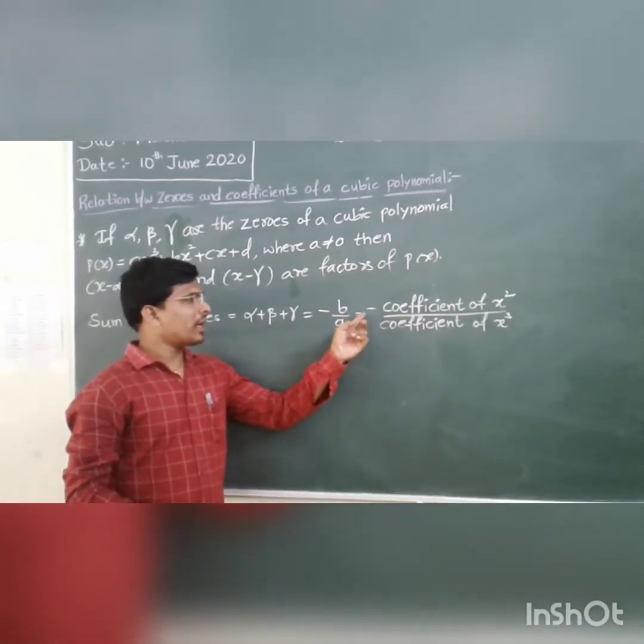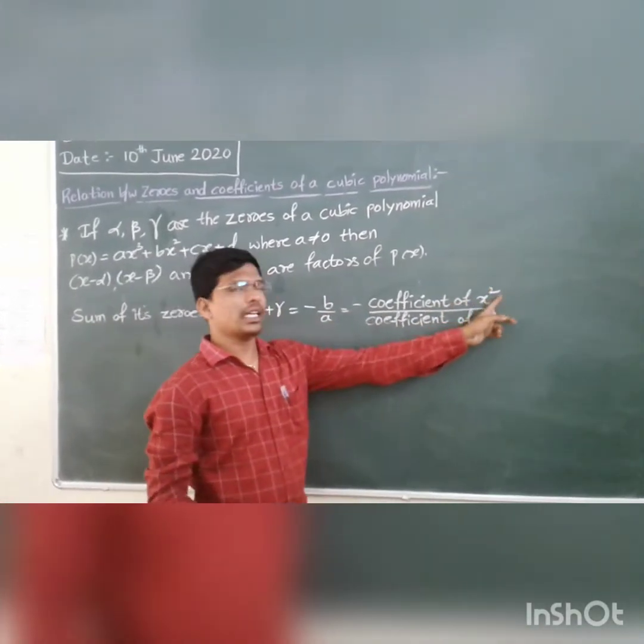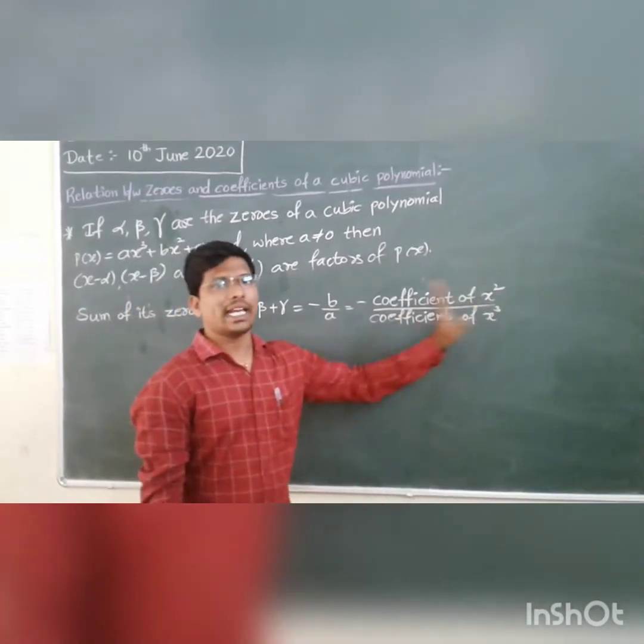Here b is the coefficient of x square and a is the coefficient of x cube. So minus b by a means minus coefficient of x square by coefficient of x cube.